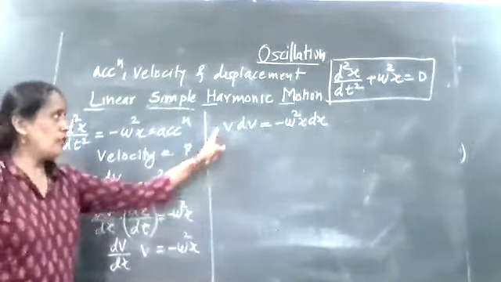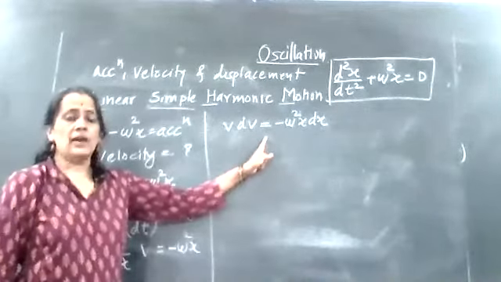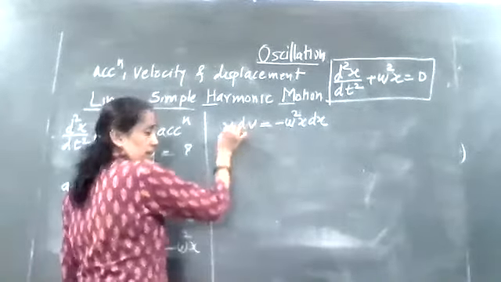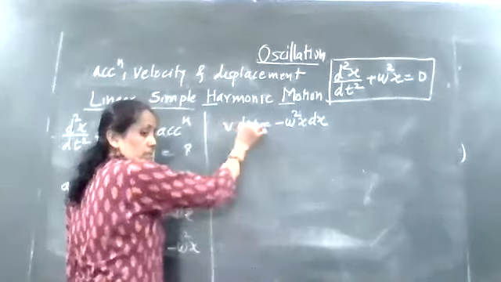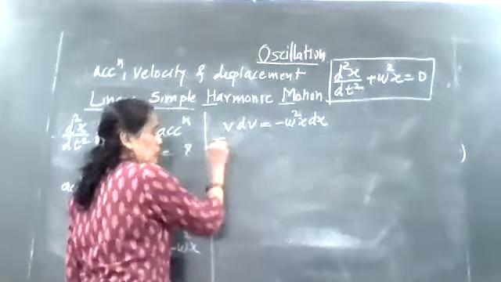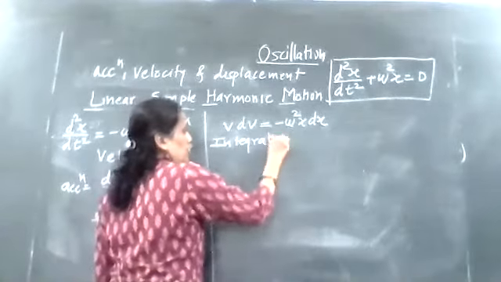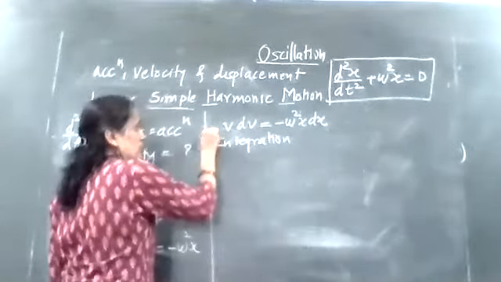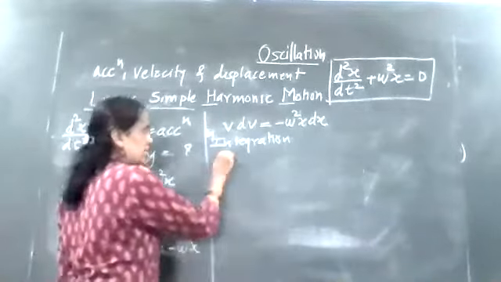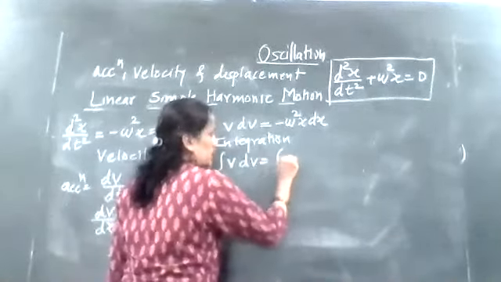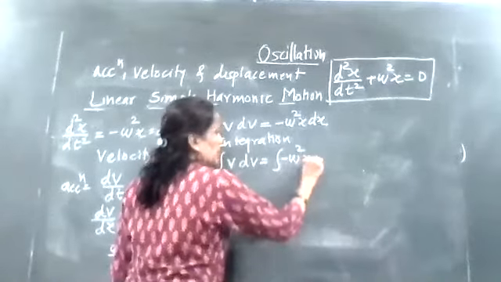Clear? Now from v dv, I want only velocity. To find v from dv, I have to do the integration. So integration of v dv is equal to integration of minus omega square x dx.